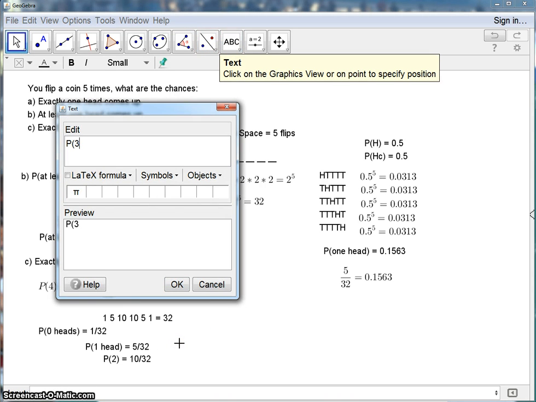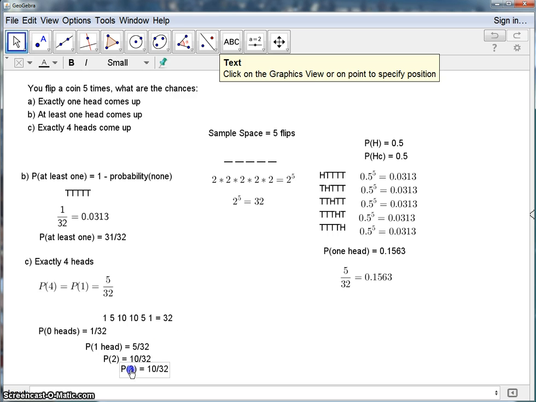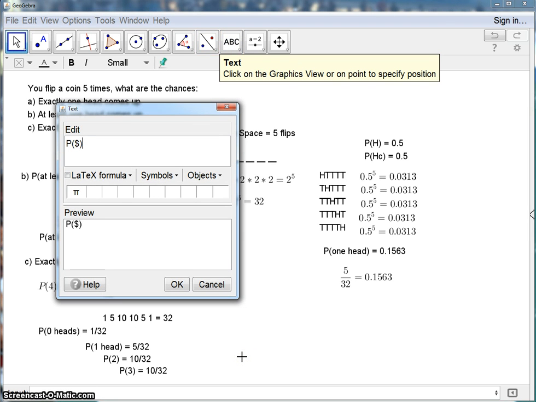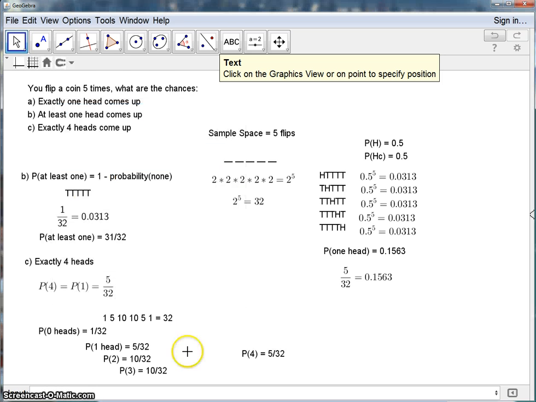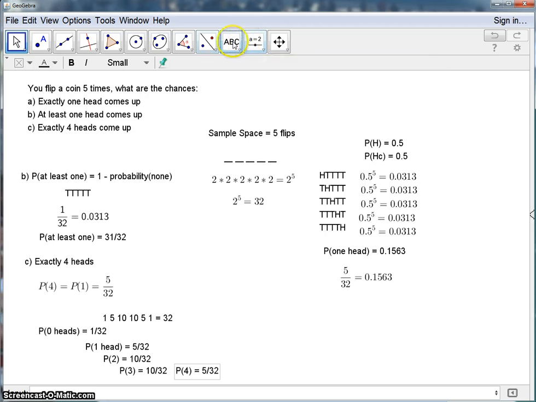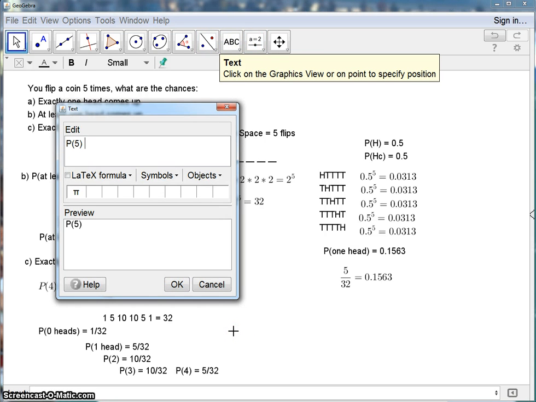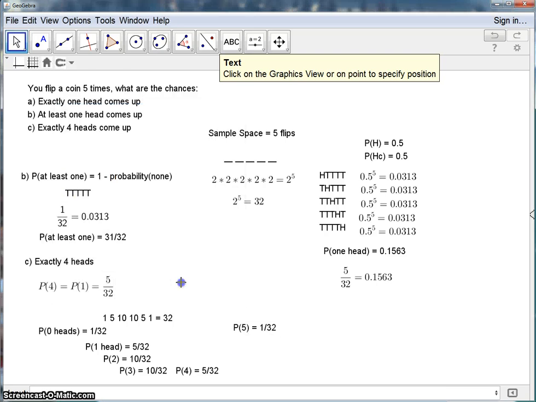Probability of 3 is also equal to 10 out of 32, because again, 3 heads is the same thing as 2 tails, and we already looked at the probability of 2. Probability of 4, now we just keep repeating, so 5 over 32 again. And the probability of 5, again, think about 5 heads as the same thing as 0 tails, right? Which is only one way to do that, 1 out of 32.